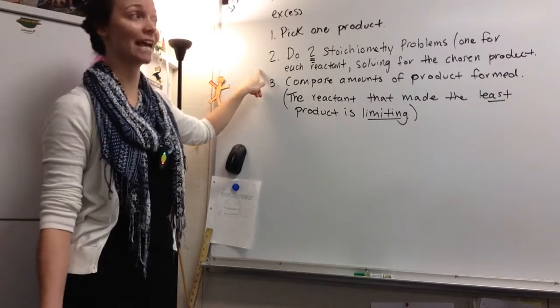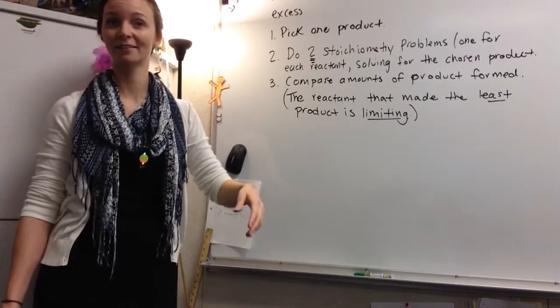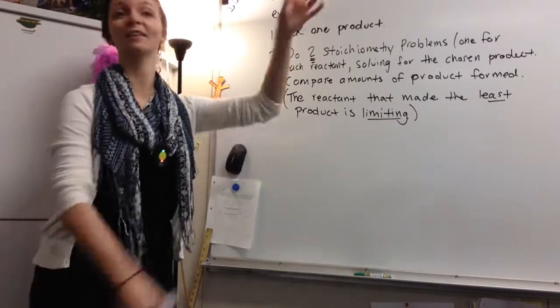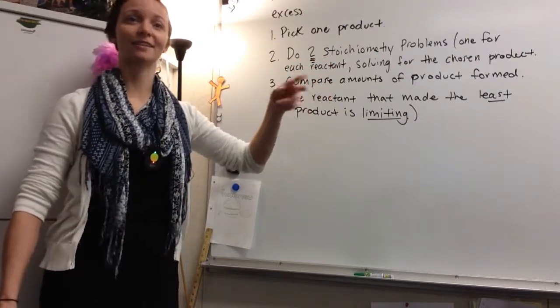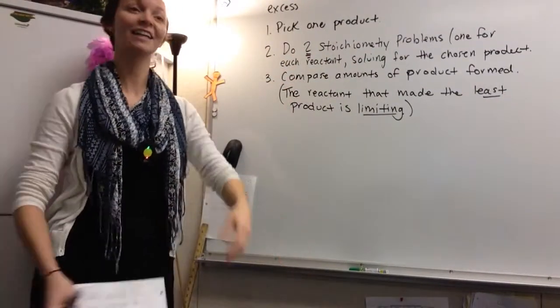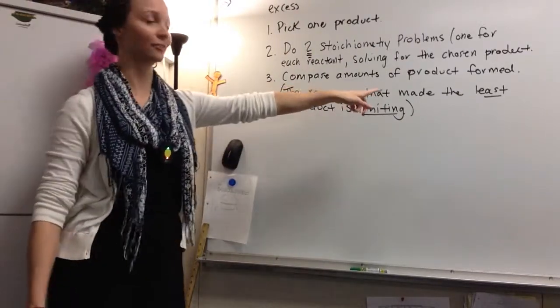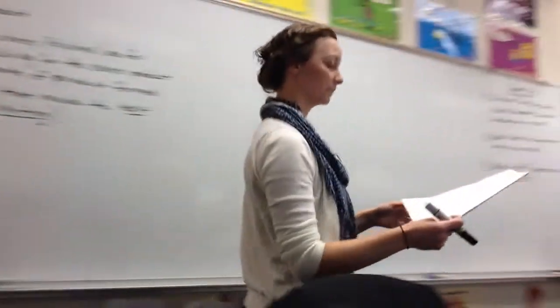And if we started with 10 buns and didn't worry about the hot dogs, how many complete hot dogs could we make? 10, if you had unlimited hot dogs, right? So which one made fewer complete hot dogs? The meat part or the buns? The meat, right. And so that's step 3, comparing the amount of product formed. Now, if that doesn't make sense, here comes a chemistry example.